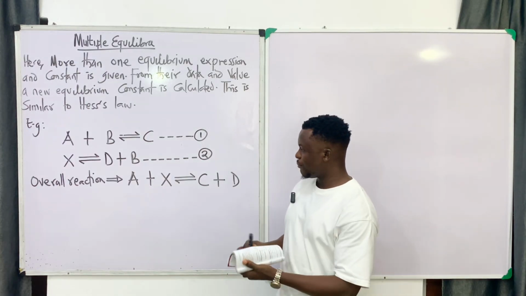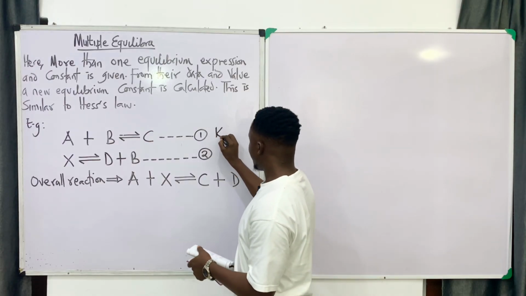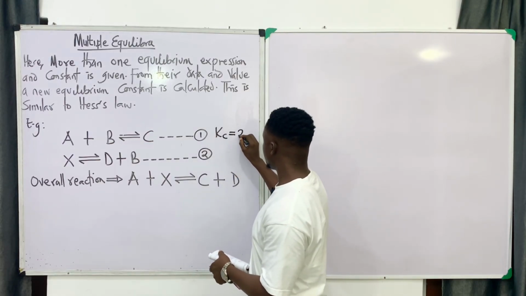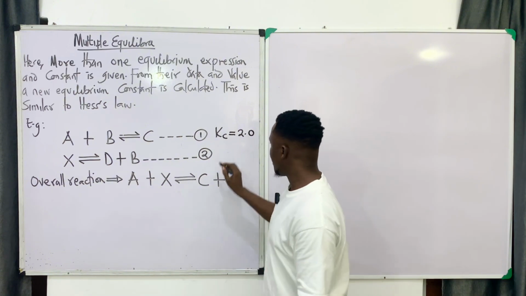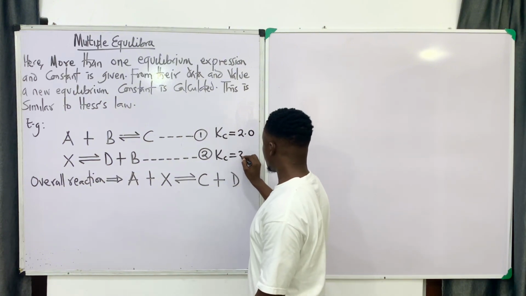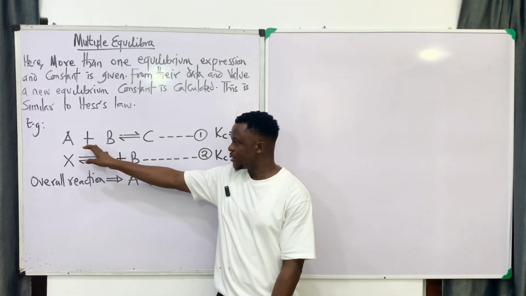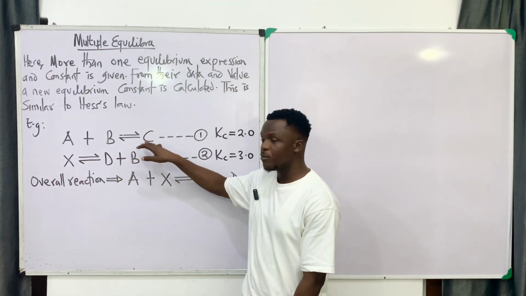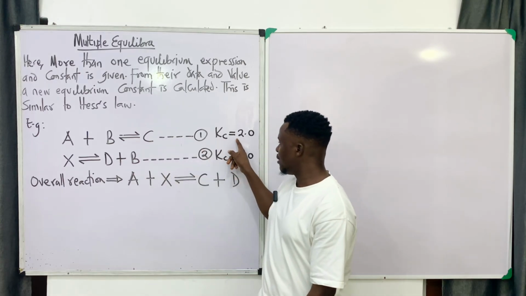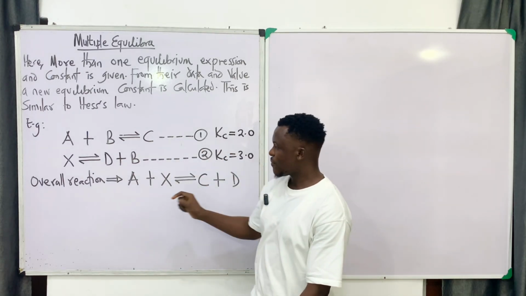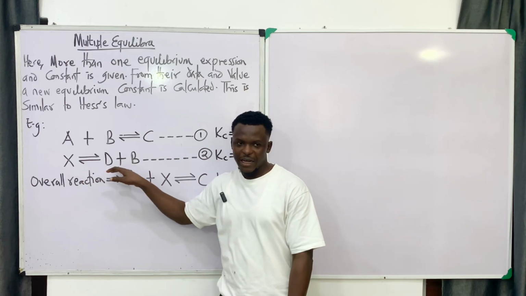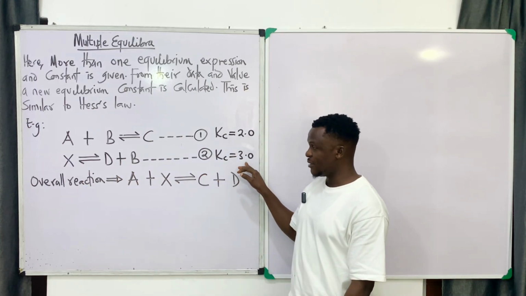So let's say, for example, we have this equilibrium constant for this reaction to be 2.0, and that of this one to be 3.0. They gave me the first equilibrium reaction and its equilibrium constant, and the second equilibrium reaction and, of course, its equilibrium constant.